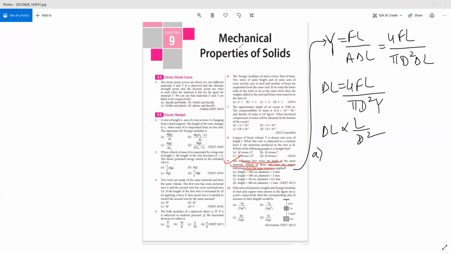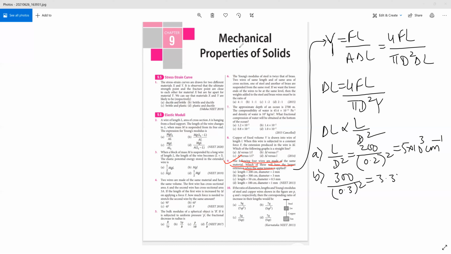For first option, L divided by D square is equal to 200 divided by 0.2 whole square. So we are getting this one as 5 into 10 to the power of 3 per centimeter. For second option, 300 divided by 0.3 whole square, that's equal to 3.3 into 10 to the power of 3 per centimeter. For third option, 50 divided by 0.05 whole square.